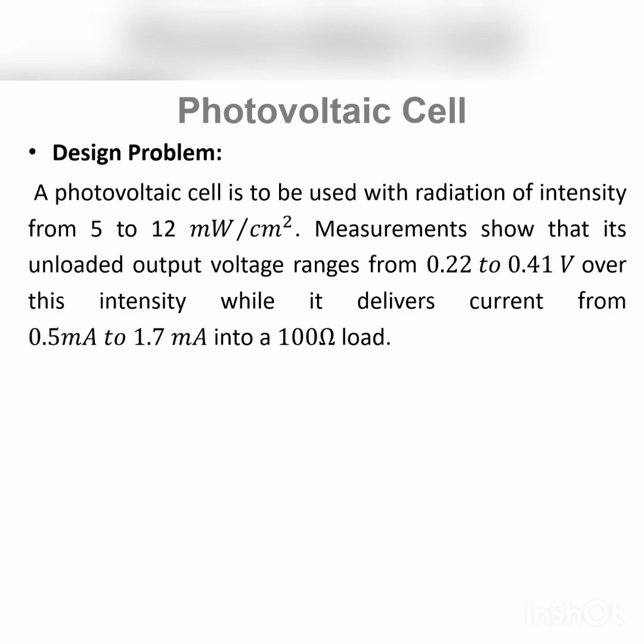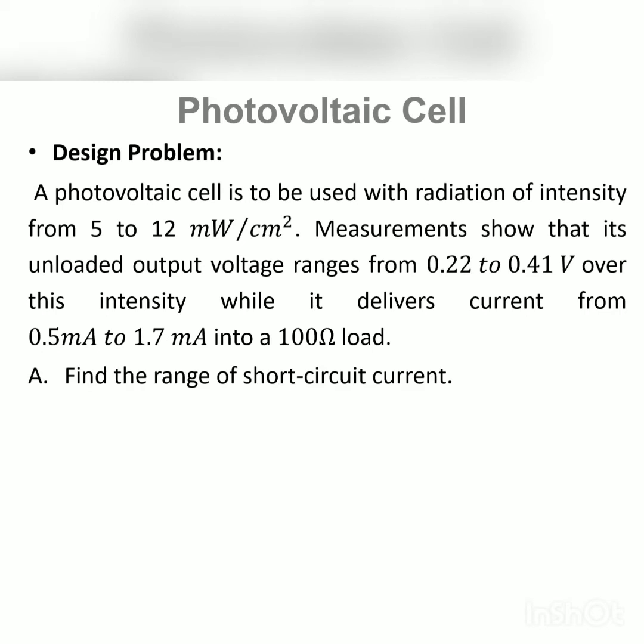Now let's take one design problem and go for the complete signal conditioning circuit design. A photovoltaic cell is to be used with radiation intensity of 5 to 12 milliwatt per centimeter square. The measurements show that its unloaded output voltage ranges from 0.22 to 0.41 volt over this intensity, while it delivers current from 0.5 milliampere to 1.7 milliampere into a load of 100 ohms.